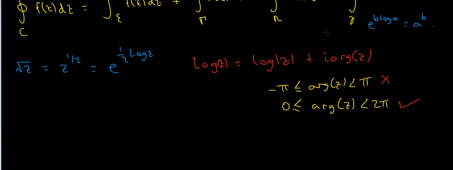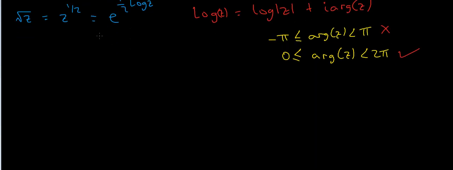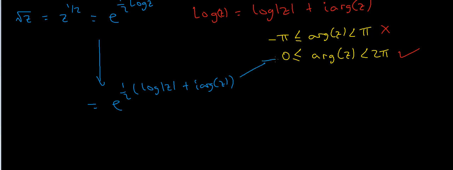So that's the way I'm going to define my branch cut. So what does this mean for this? Well, that means that e to the power 1/2 complex log of z is just equal to e to the 1/2, open brackets, log of the modulus of z plus i times the argument of z, where the argument of z is defined like that, where it varies between 0 and 2 pi.